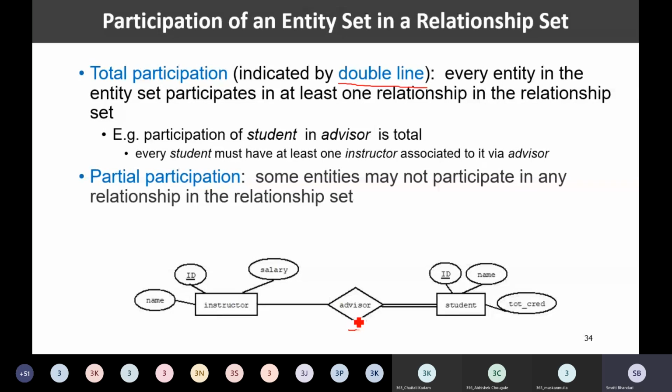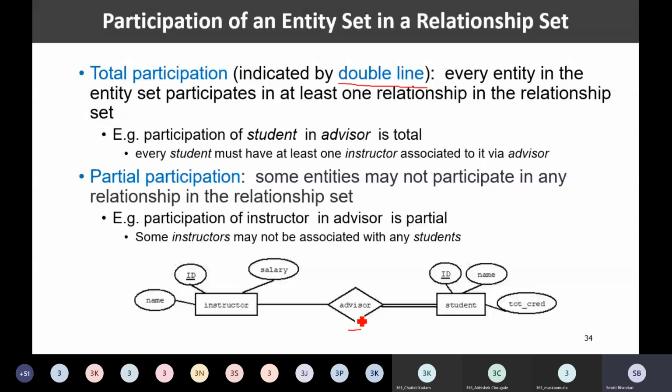But participation of instructor in advisor is partial. What we mean by that? Some of the instructors may not be associated with any of the students.